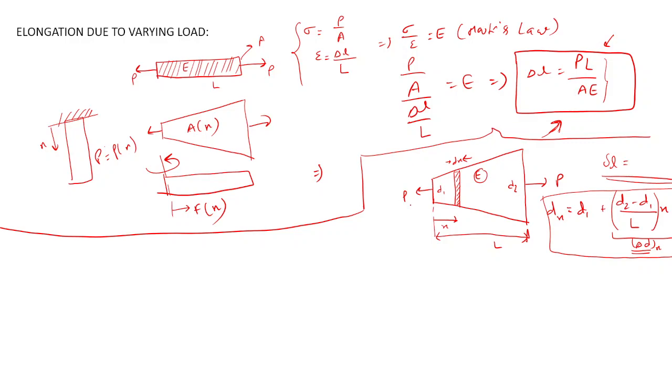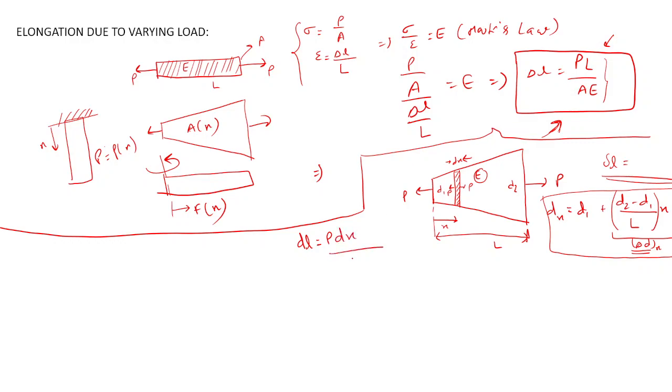The rest of the things are constant, because E is constant here, P is constant, and only this is changing. So for this small element, what would be the change in length? Let's put this as dl. When we make the equilibrium diagram, this will be P, this will be P, and the length of this is dx, right?